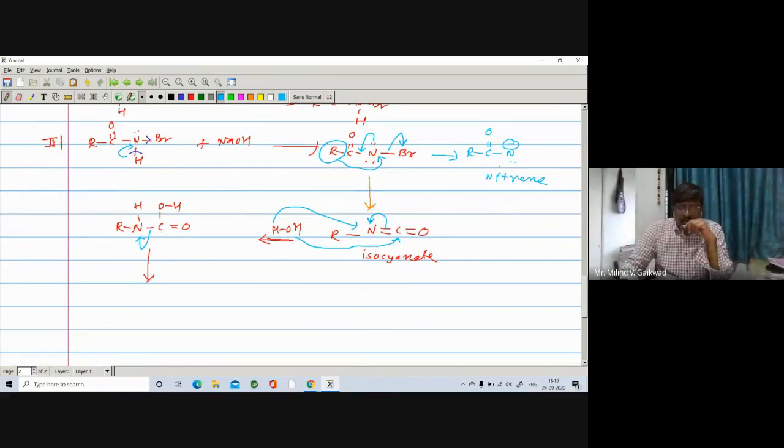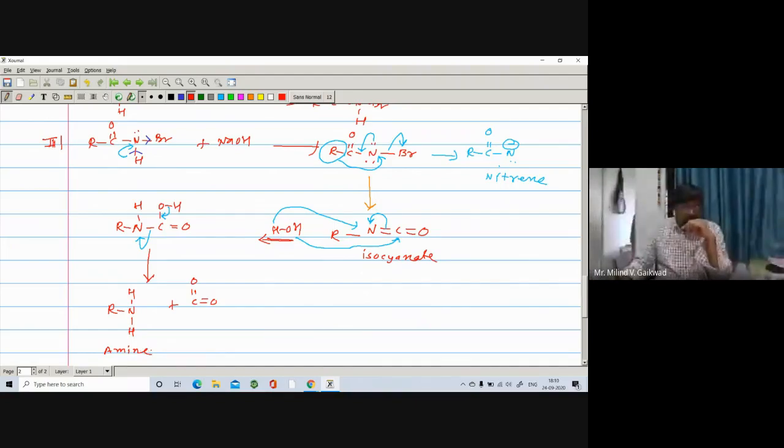So this sigma bond will shift here, and there is a formation of a double bond, and you are getting here R N, here is an H, and here is a negative, and this H positive will attack on this N negative. So here the attack of H plus, C double bond O, and you get an amine, right? There is a formation of such a type of amine.